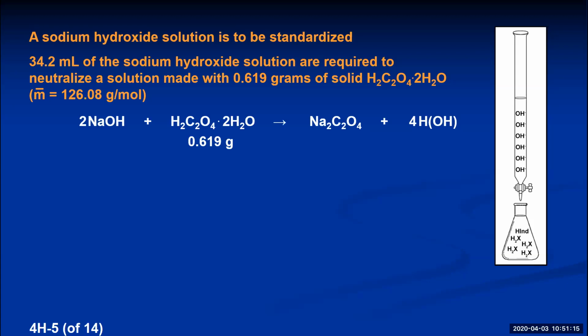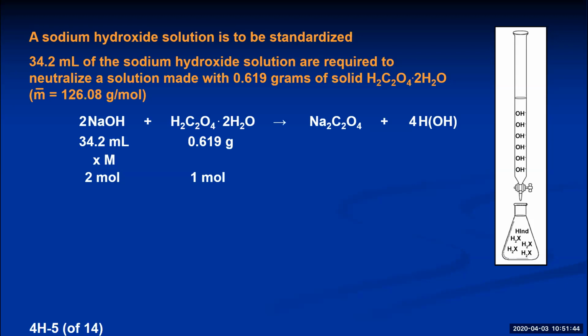We can convert that into moles with its molar mass, so the amount of water in the solution is completely irrelevant because I don't have to use that volume of water in any of my conversions. For the sodium hydroxide, it's solution data. We got to put 2 bits of information down, volume and molarity. So we know what volume was required to neutralize it, and the molarity is what we're trying to solve for. The mole ratio in this problem are the coefficients in the balanced equation, 2 to 1.